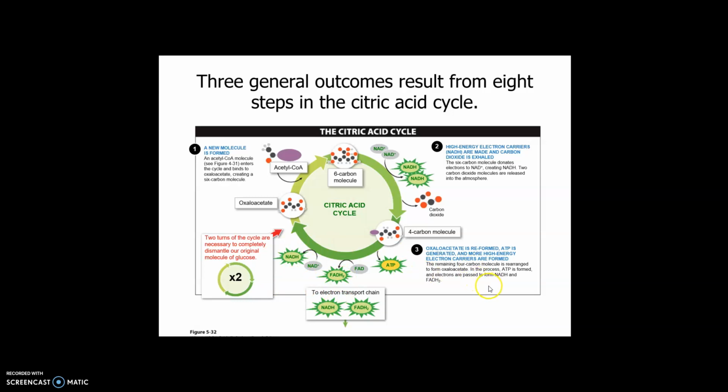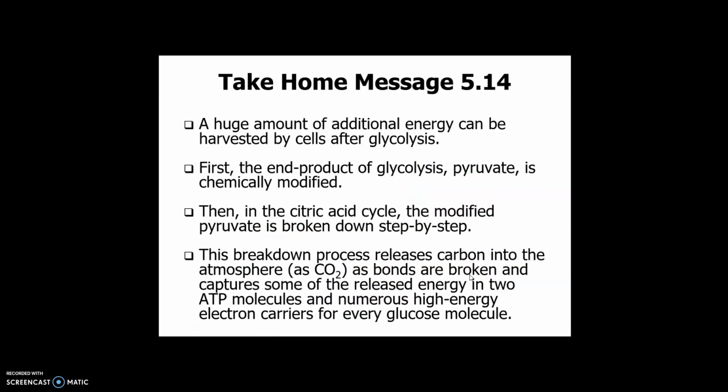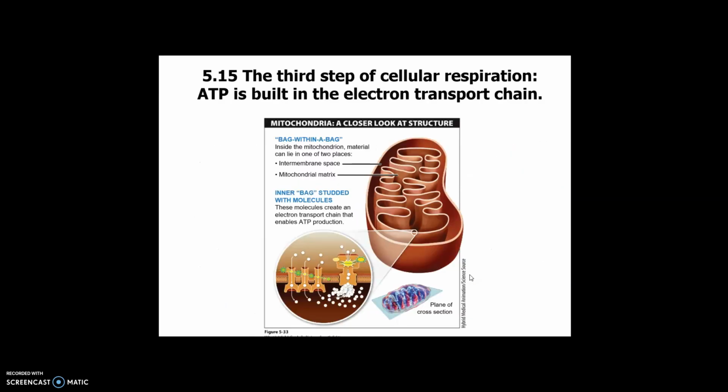And finally, the third step is the electron transport chain. As you can see in there, it is important to know where it takes place. It takes place on the inner membrane of the mitochondria, as I am showing you here.